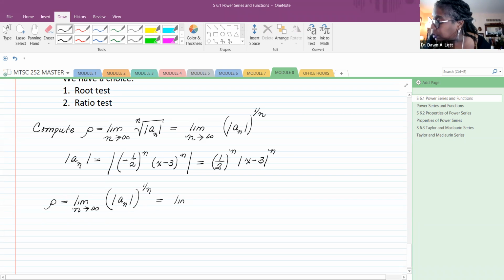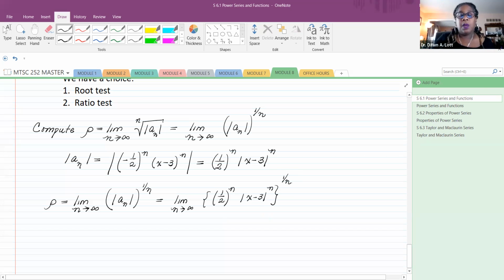So that's the limit as n approaches infinity of (1/2)^n times the absolute value of x minus 3 to the n, all raised to the 1 over n power.